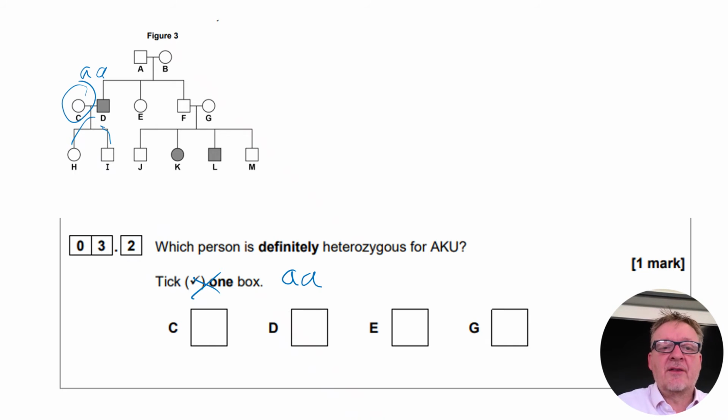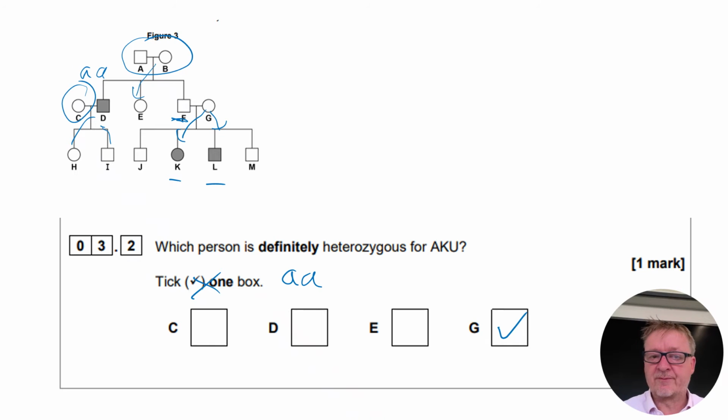E, they haven't got it, but we can't tell from A and B what they've got. G is giving it to the kids, so F must be heterozygous, but that isn't an option. G must be heterozygous because K and L have got it. So G is the option.